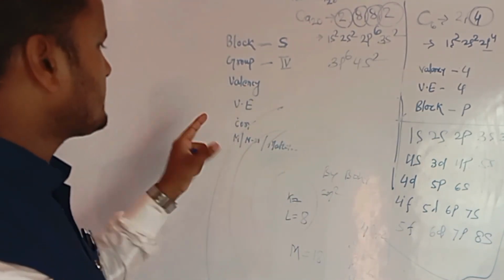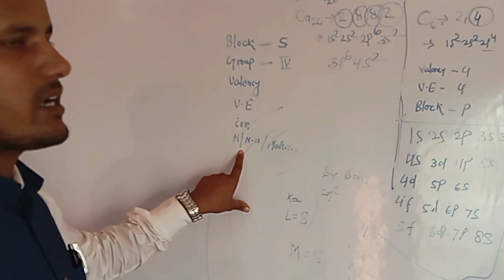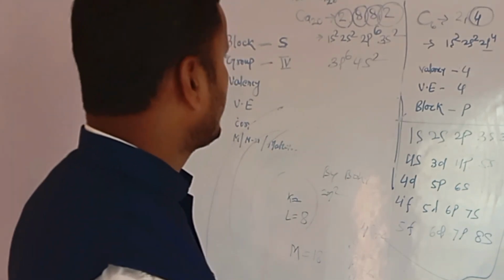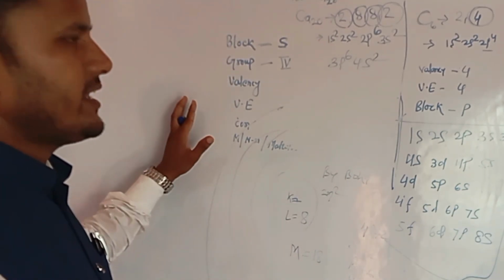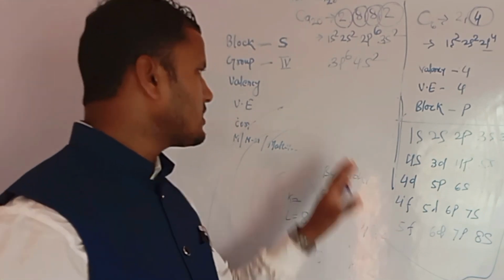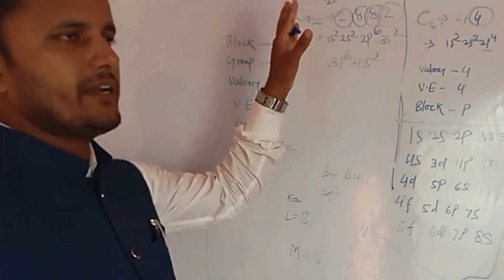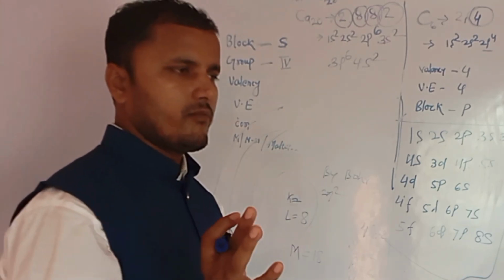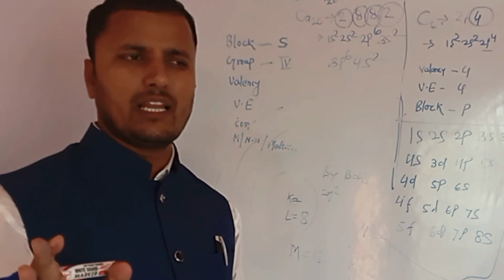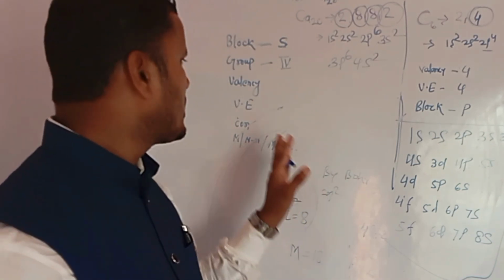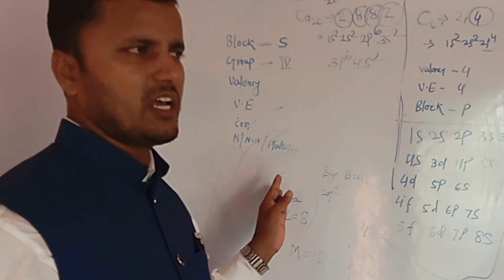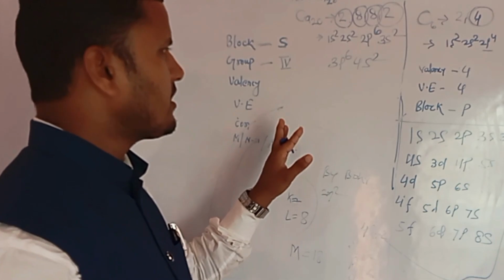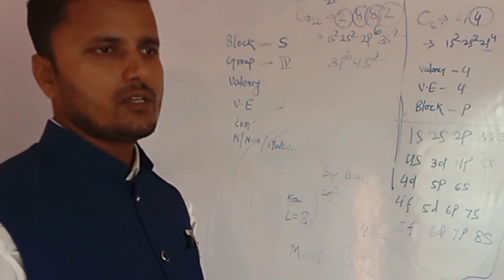And carbon is a non-metal. Understand? In the next class, we will also discuss this. We can find the valency, group, block, whether an element is metal or non-metal, ion, and related facts of any element by this rule. Okay, thanks.